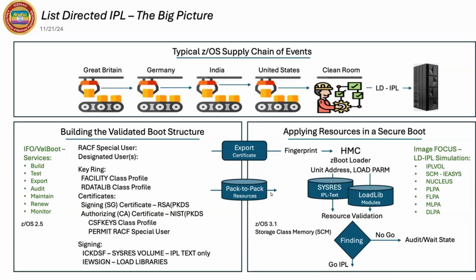So the first thing that's going to have to happen is we're going to have a user who's going to have RACF special authority, because in order to build these components, we're going to need to be able to not only create key rings and certificates, but also create the profiles that are associated with each, whether they are in the FACILITY class or the RDATALIB class, and then permit individuals, particularly signers, to use those components as they perform their work and prepare packages, if you would, the nucleus, LPA modules, sysres volume, for use in an IPL.